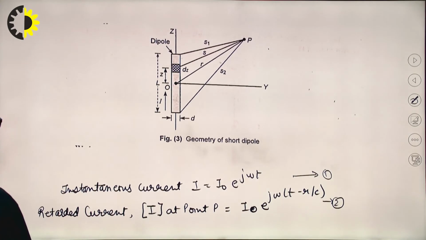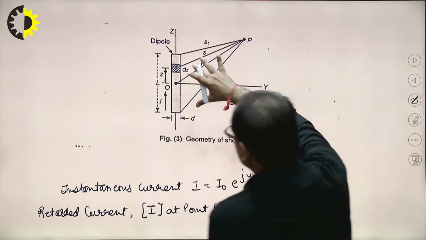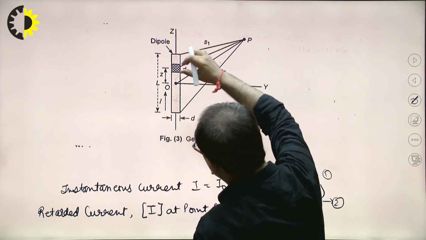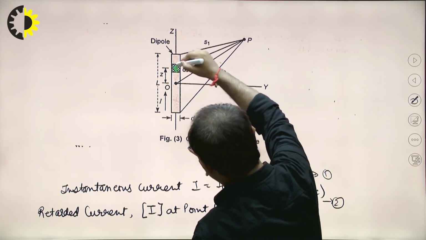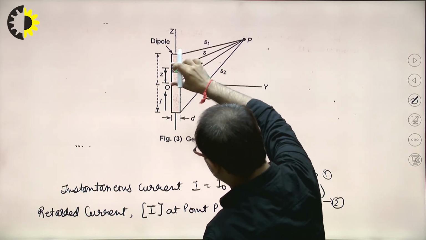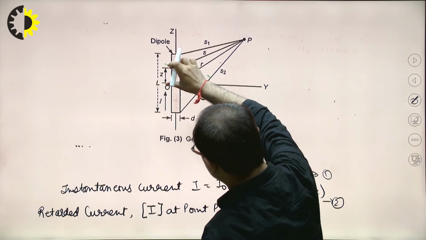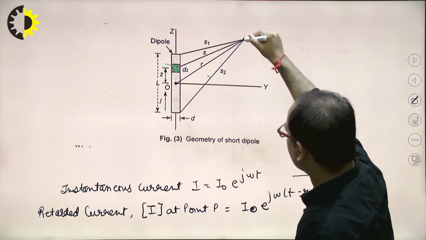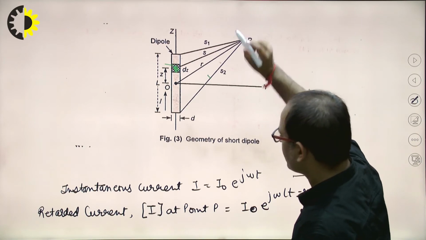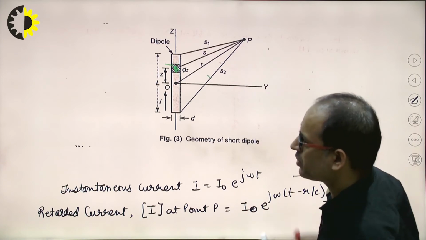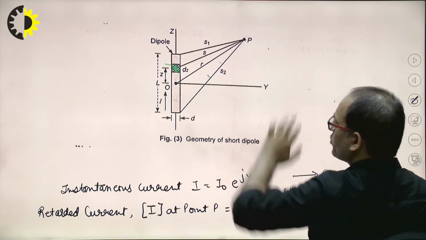Now see this one. If this is a short electric dipole having a length L, take a small element having dimension dz, at a distance z from the origin. I want to calculate the electric field and magnetic field at point P. First we will calculate the current, and from that current we will calculate the potential.